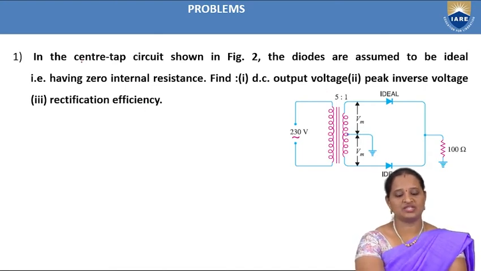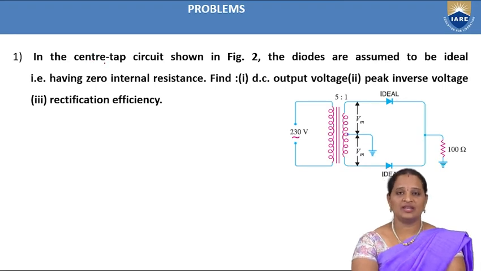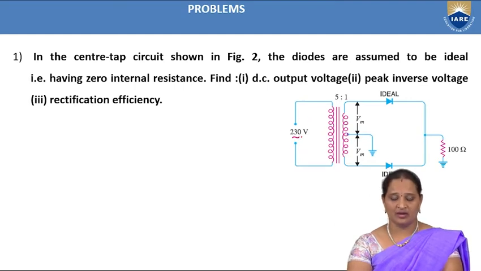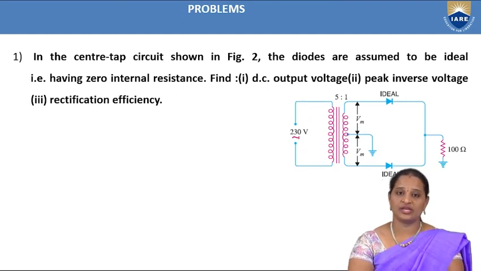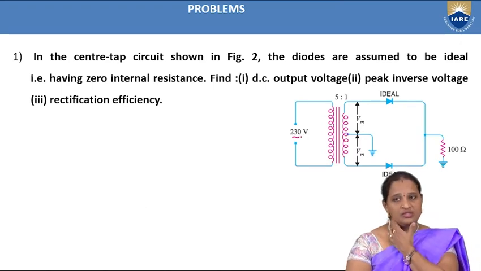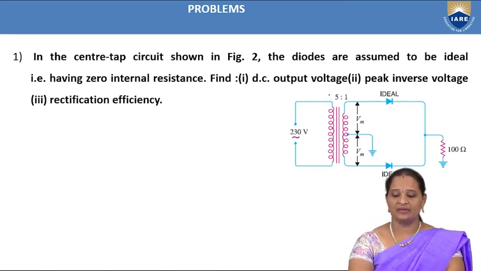As mentioned, a center tap circuit indicates a full wave rectifier, and the circuit is shown in the figure here. This is the input voltage given as 230 volts, that is the RMS value of the voltage at the primary winding of the transformer. It is 230 volts and the turns ratio is given as 5:1.